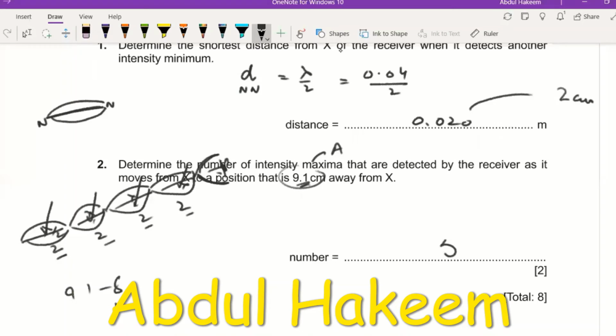So the total 5 maxima, antinode, will appear in the length of 9.1 centimeter, because one complete, second complete, third, fourth, and the fifth is more than half, because it's 1.1. So this antinode will also appear. So the total 5 antinodes maximum will appear here. So the answer will be 5.